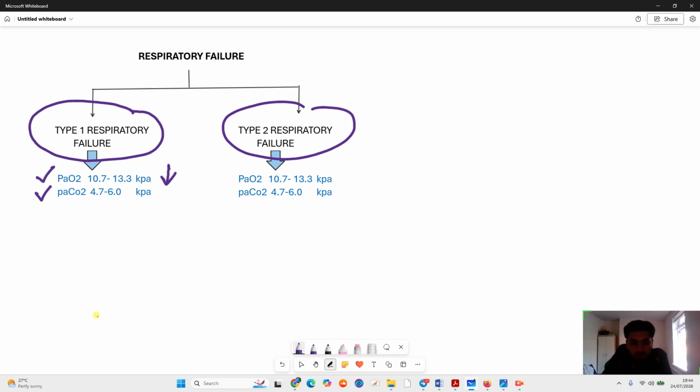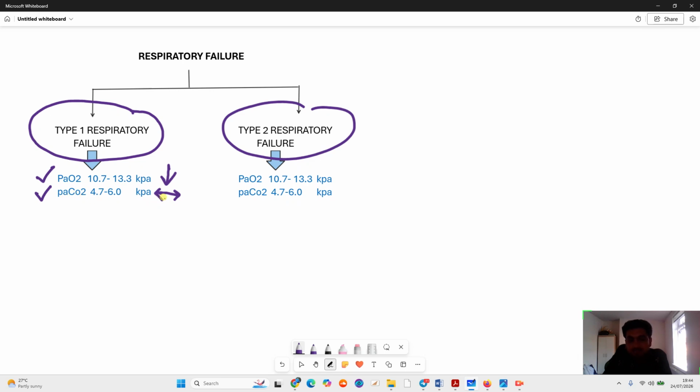Okay, so in type 1 look at the partial pressure of the oxygen. If the oxygen level is less than normal and the carbon dioxide level is normal, in that case we call it type 1 respiratory failure.